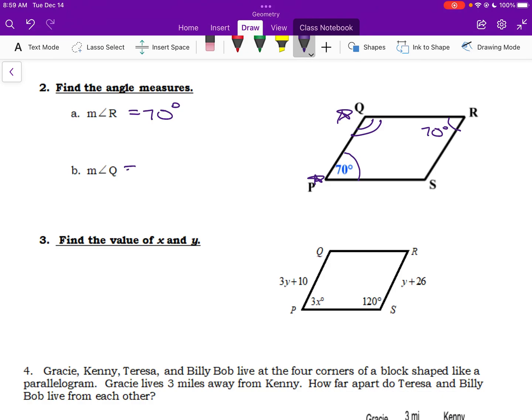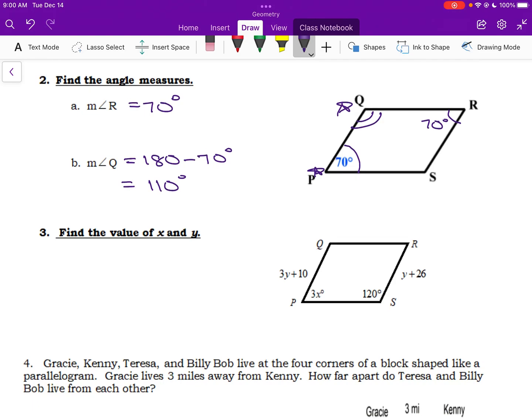So the measure of angle Q is going to be 180 degrees minus 70 degrees, and that's going to leave us with 110 degrees for angle Q. Again, it comes down to being able to determine how the angles or the sides relate to one another, and does that make them congruent, or in the case of angles, supplementary.